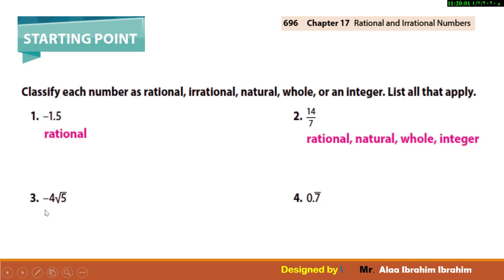Now we're going to use something else. Negative 4 root 5 is an irrational number. Why irrational? We took it before, but we're dealing with it in this lesson today, inshallah. I give you a small hint: the square root of 5 is not whole, it's a decimal.